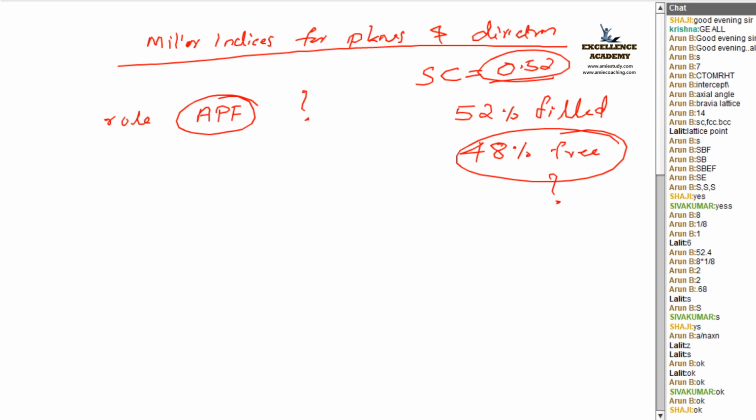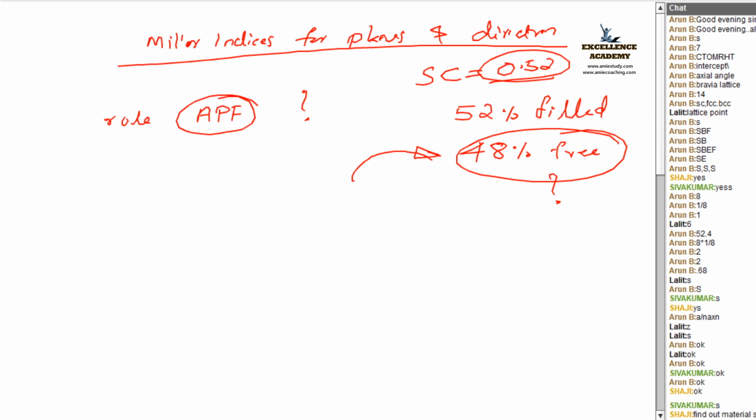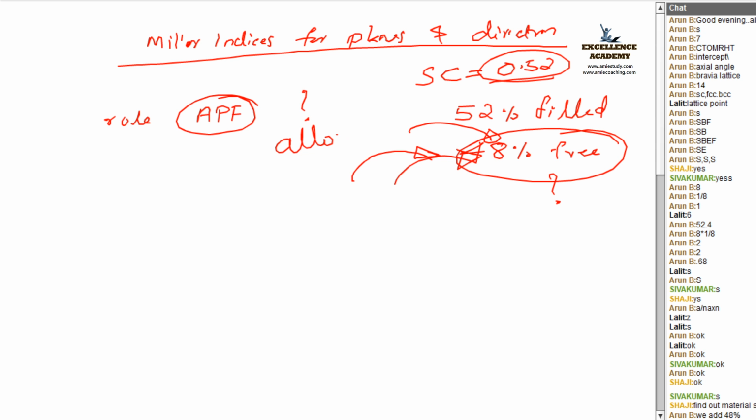By knowing this, I can add other materials into this structure, since 48 percent is free. We can undergo an alloying operation. Got it? So that is one use of APF.